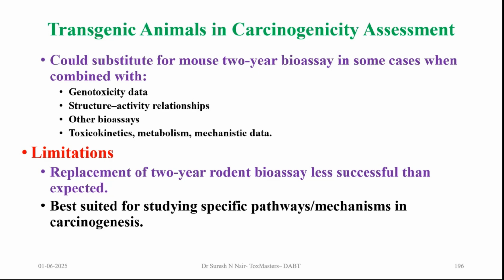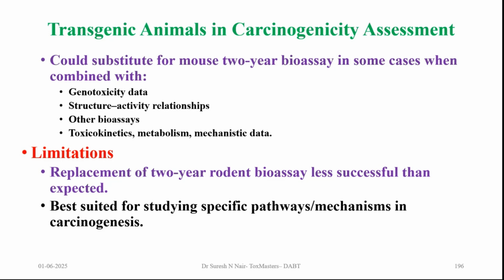Then the limitation is that even though we can technically say that the 2-year bioassay can be substituted with this one, the results are not that well correlated with the reduction in the time, but it is suited for specific pathway mechanisms in carcinogenesis. You can use it for studying specific pathways.